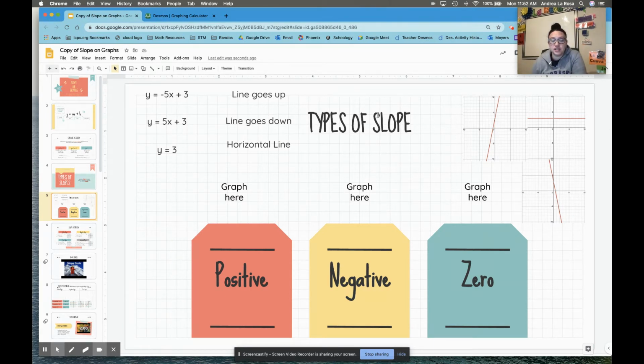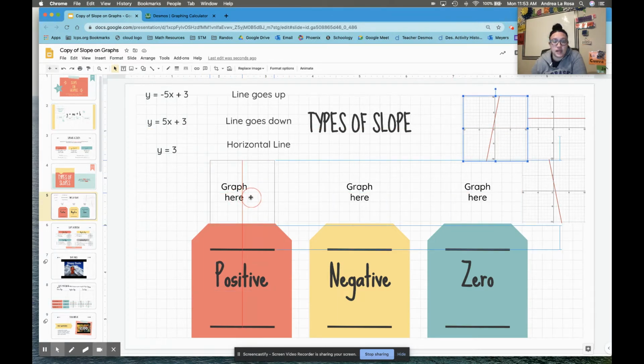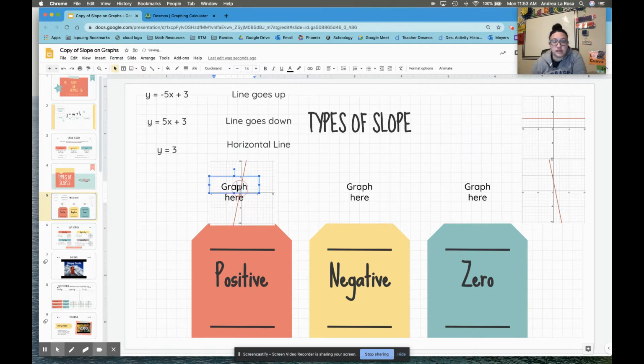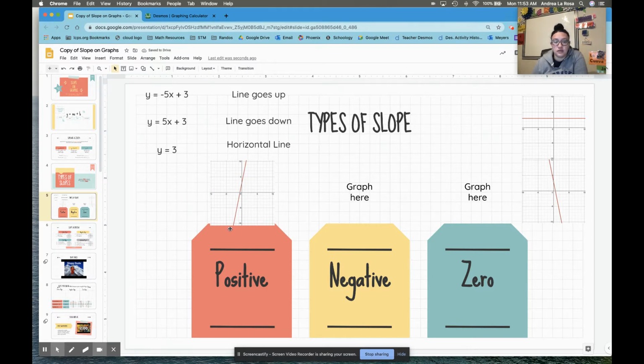So here we're going to match the different types of slope, positive, negative, and zero, to their graphs, to their equations, and to what the line looks like. So looking at my graphs on the slide, which one of those is positive? This one. I know that that slope is positive because my line goes up as I go left to right.